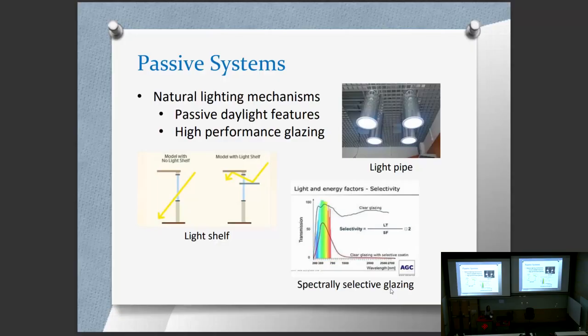Unlike low E glass, which will block the infrared and also the visible light, the spectrally selective glazing will allow more of the visible light to enter, so that we can block the solar heat gain and at the same time utilize the daylight.